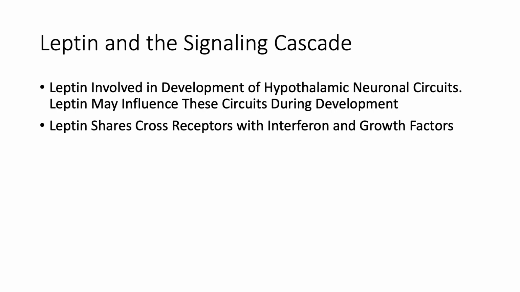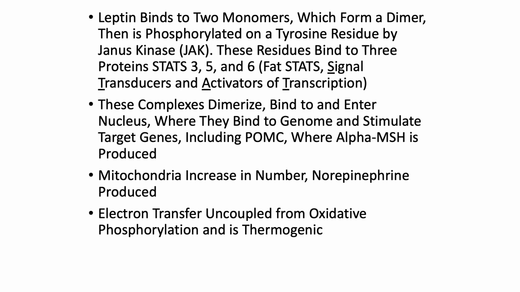So leptin, as part of the signaling cascade, is involved in the development of hypothalamic neuronal circuits. Leptin may influence these circuits during development, and leptin also shares cross receptors with interferon and growth receptors. Leptin binds to two monomers which form a dimer. These are phosphorylated on a tyrosine residue by Janus kinase, JAK. These residues bind to three proteins called STATs 3, 5, and 6.